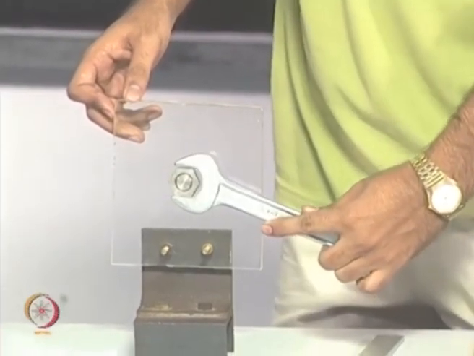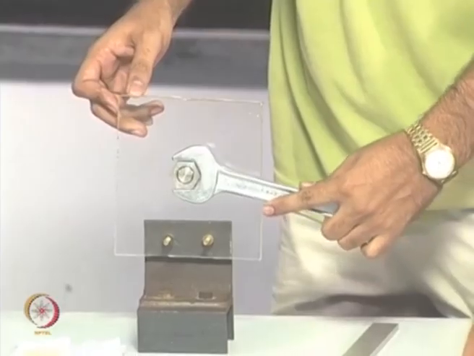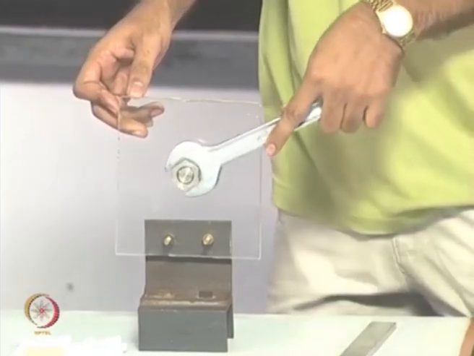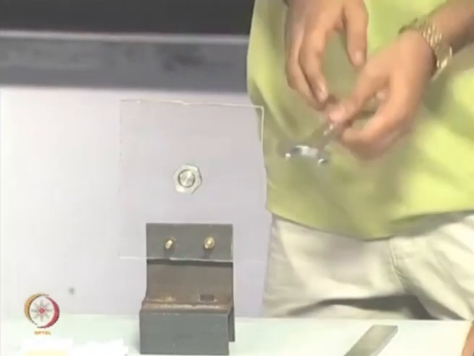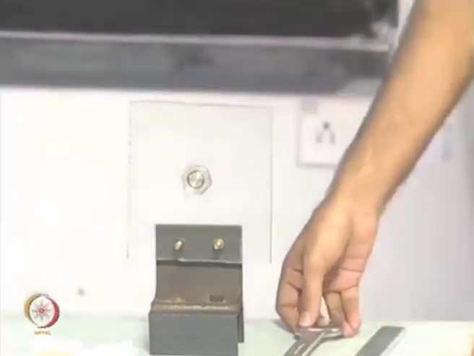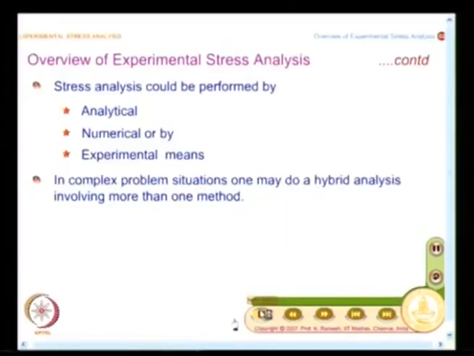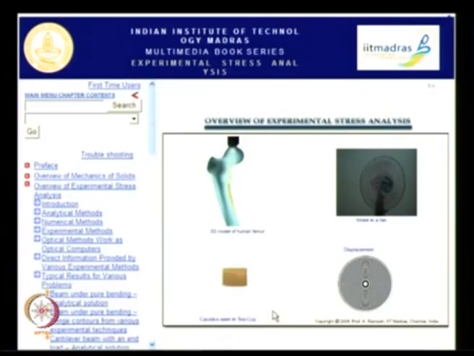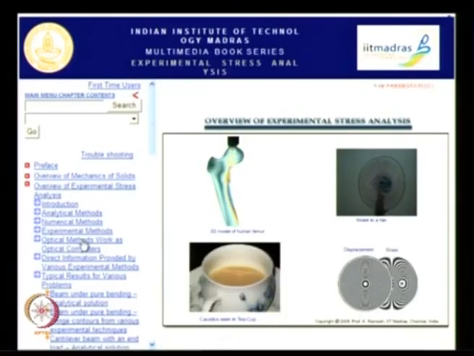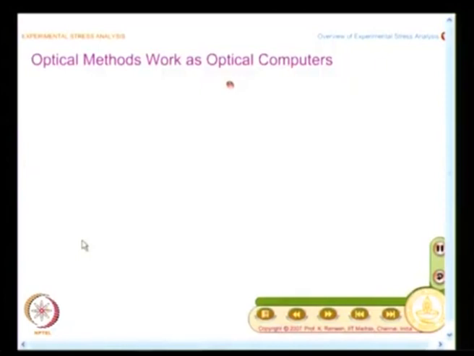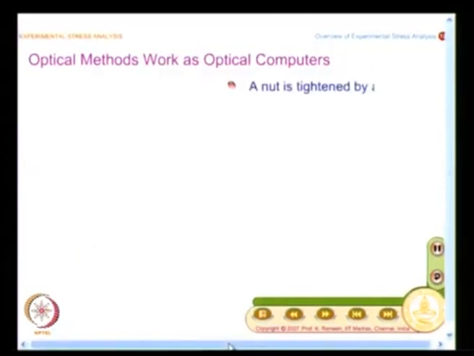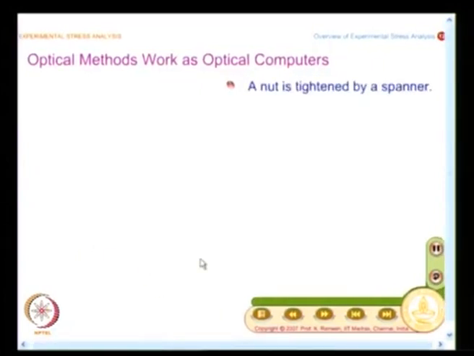Because the geometry is complex, you cannot solve it by strength of materials, even theory of elasticity will not help. The only recourse that you have is to do it only from a numerical technique or an experimental method. And what we are going to see is, we are going to introduce a new concept that optical methods work as optical computers.